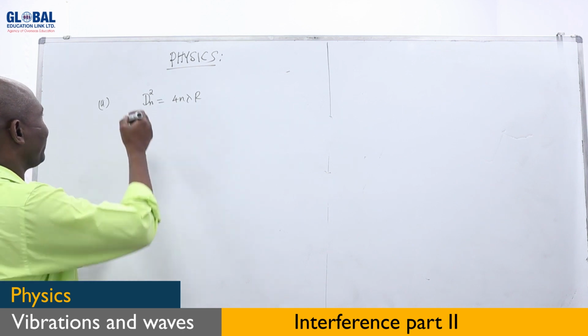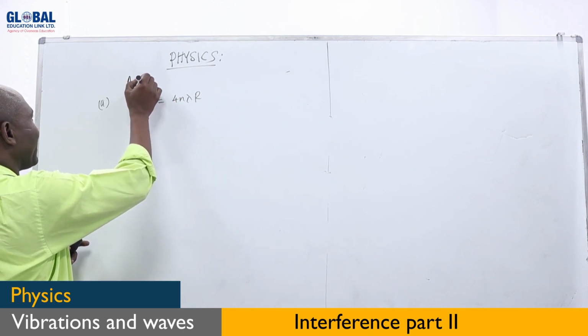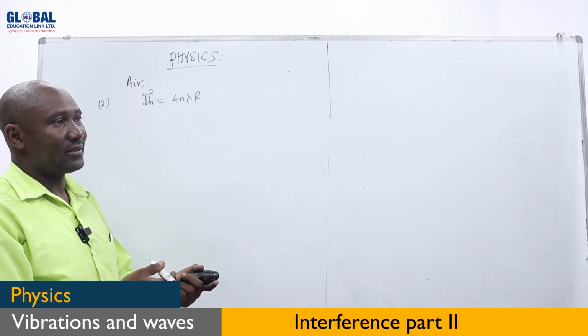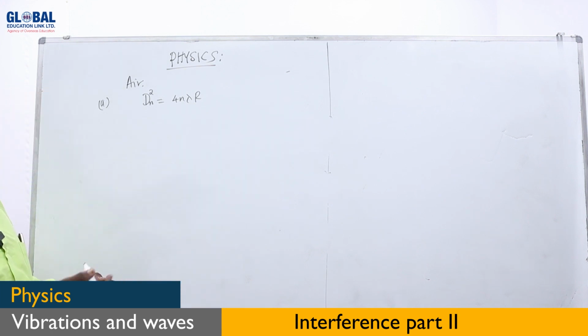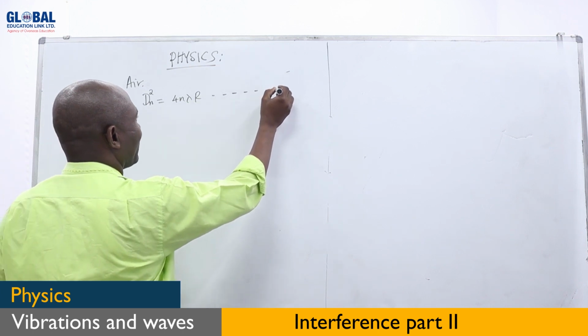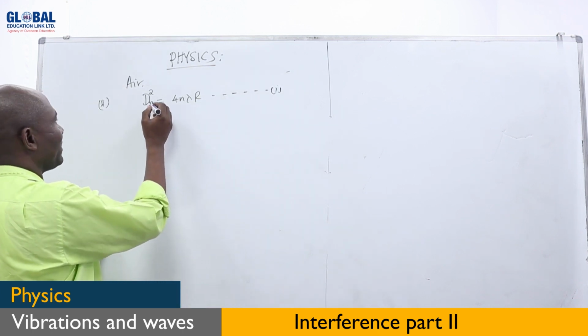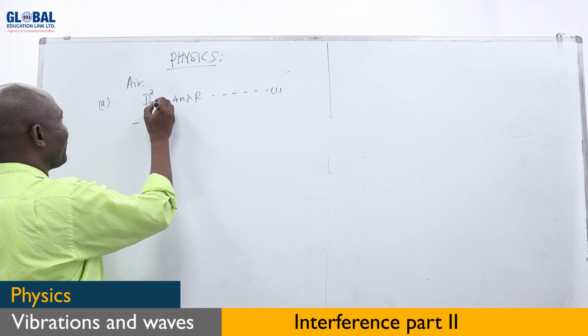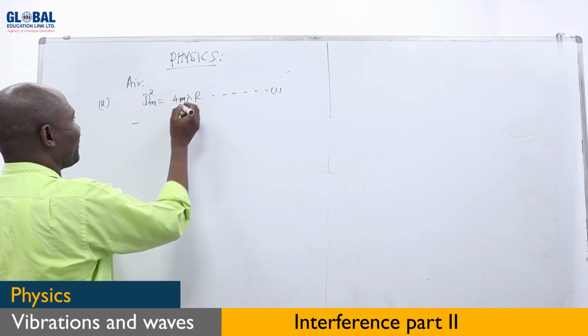You are told the experiment is in air, before introducing the medium of that liquid L. So this is the formula for that particular diameter, where the order is supposed to be m.